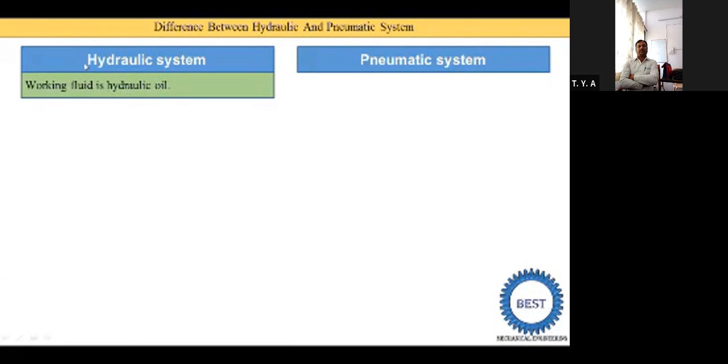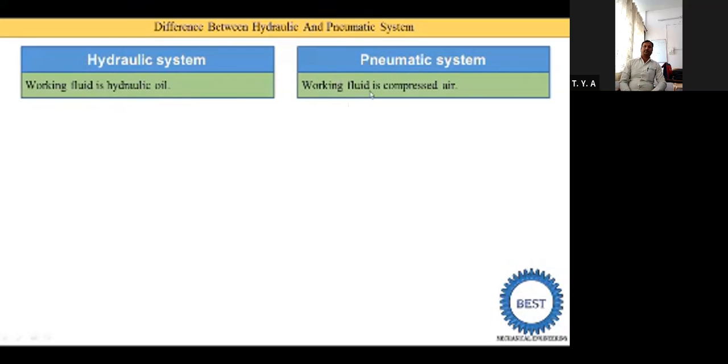Okay, so we already know that in a hydraulic system the working fluid is hydraulic oil. In pneumatic systems, the working fluid is compressed air or compressed gas. So such systems in which compressed air or gas is used are called pneumatic systems, and a system in which hydraulic oil, means pressurized hydraulic oil, is used is called a hydraulic system.